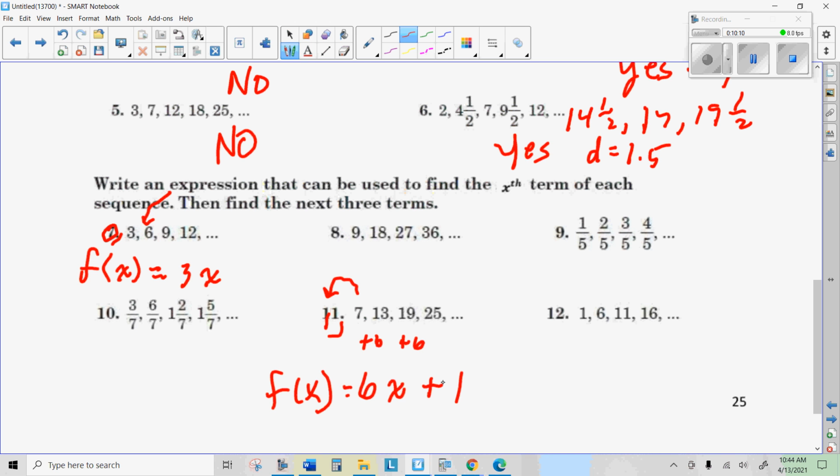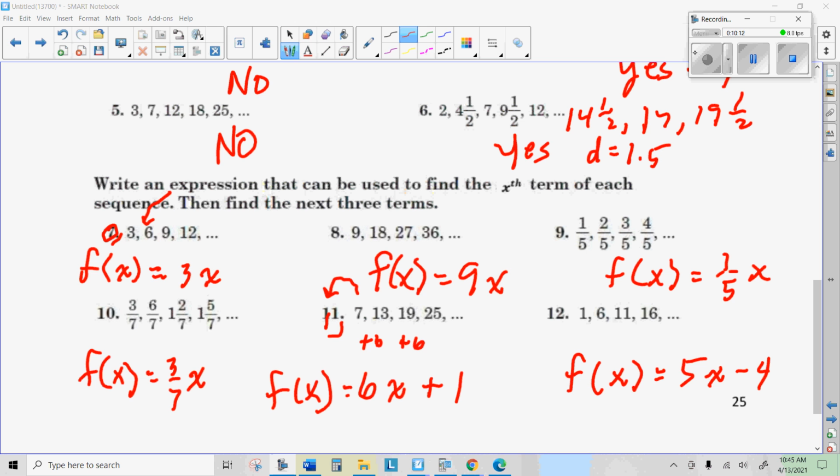All right, go ahead and do the other ones. All right, there's your answers for those. On these fraction ones, since the denominator is the same, you can just look at what is being added in the numerator. So we're adding 3/7 every time.